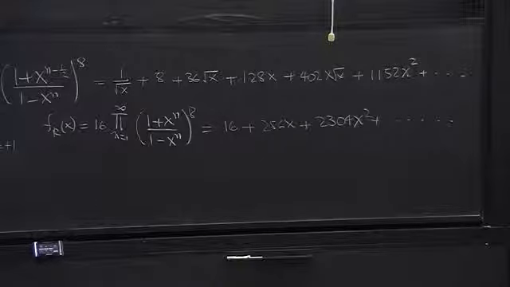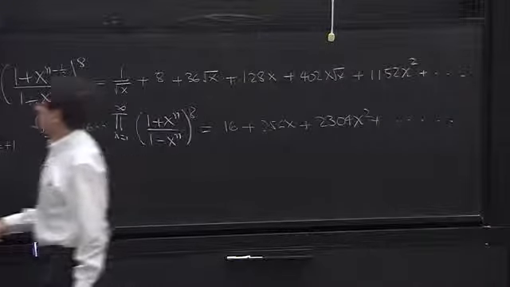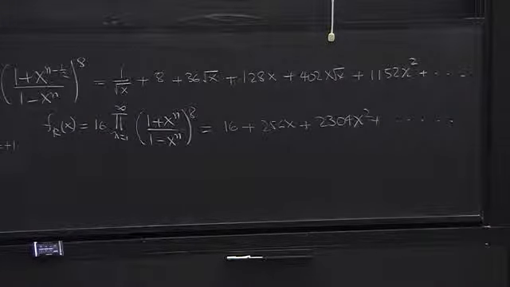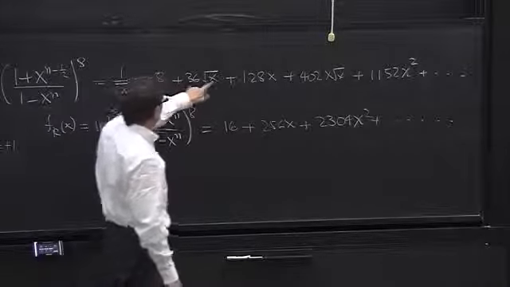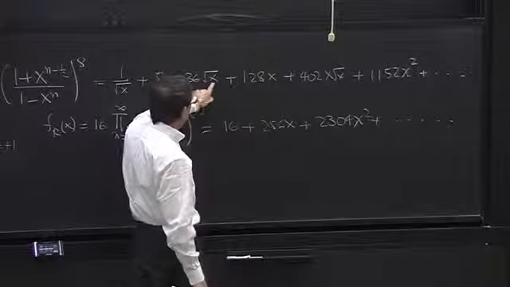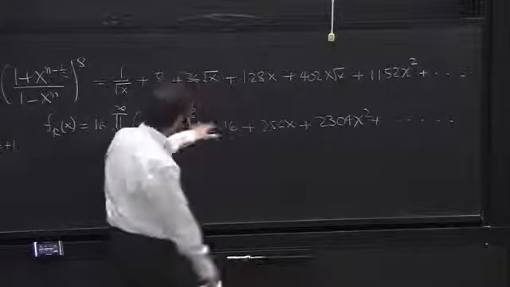Okay, this series compares things at each mass. The power of x is the mass squared, alpha prime m squared. So this is alpha prime m squared = -1/2. This is massless. This is alpha prime m squared = 1/2, alpha prime m squared = 1. So the masses are comparable.